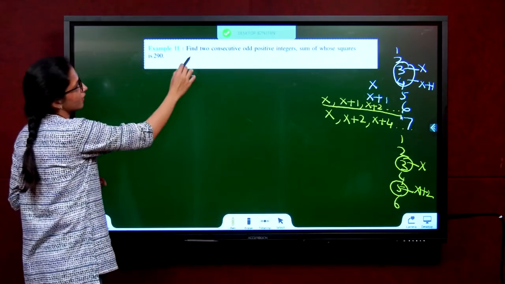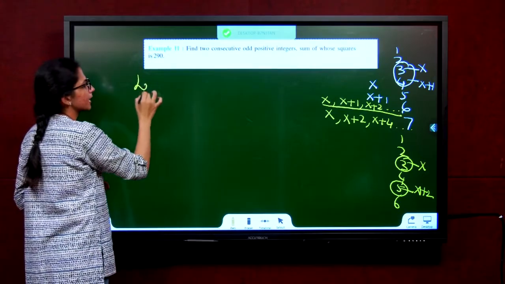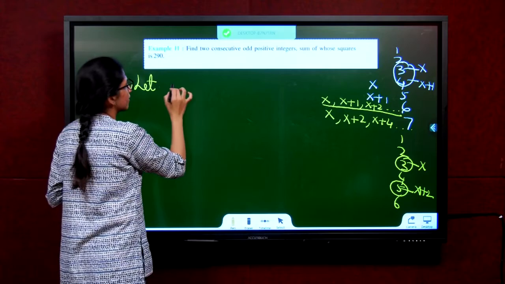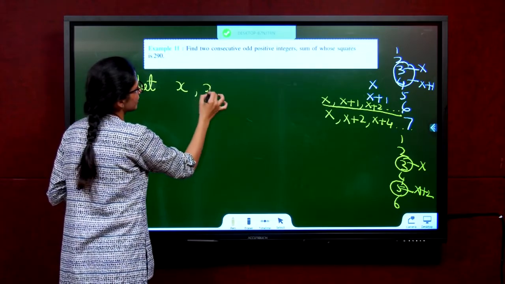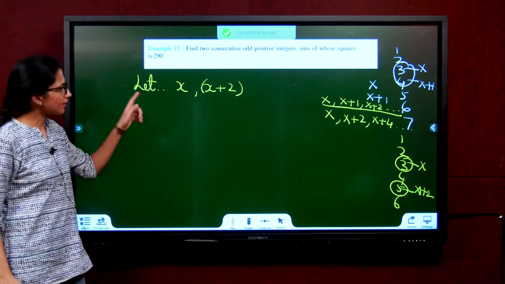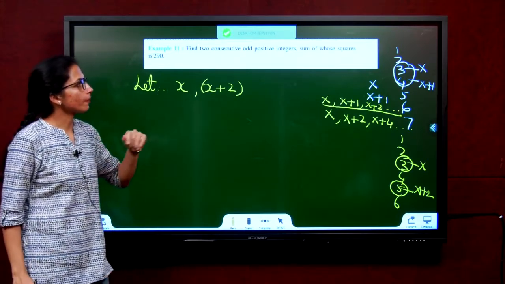So now they have asked for two consecutive odd integers. So what will my first statement be? Let the consecutive odd integers be x and x plus 2. Please fill up the whole statement. Let the consecutive odd integers be x and x plus 2.